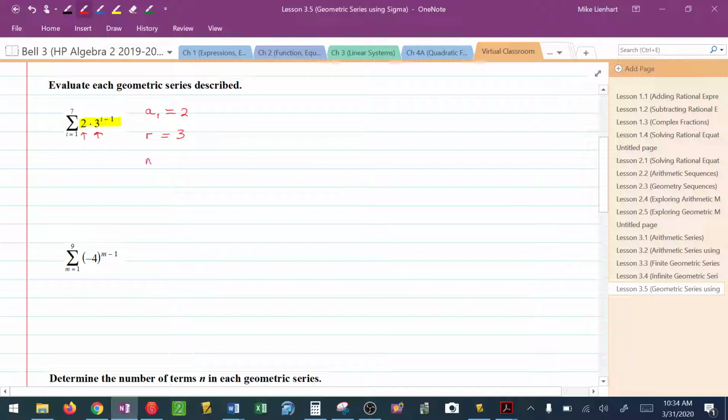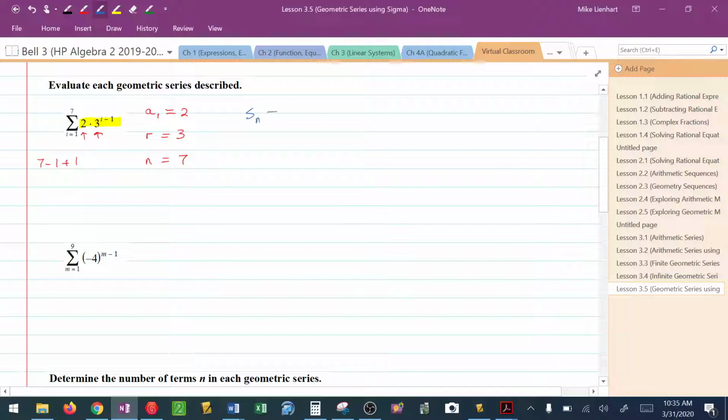And then I need to know n, how many terms there are. The way that I said to do this with sigma is top minus bottom plus 1, and that tells me that there's 7 terms here. Once I have these 3 pieces of information, I can find the sum of the series.